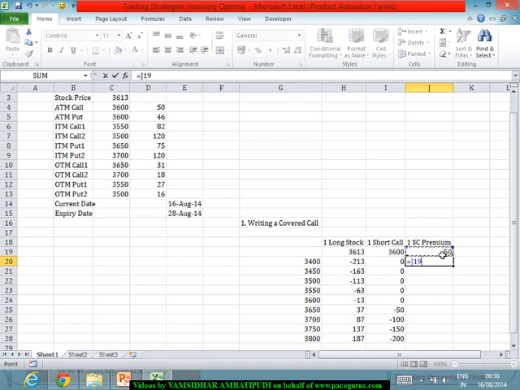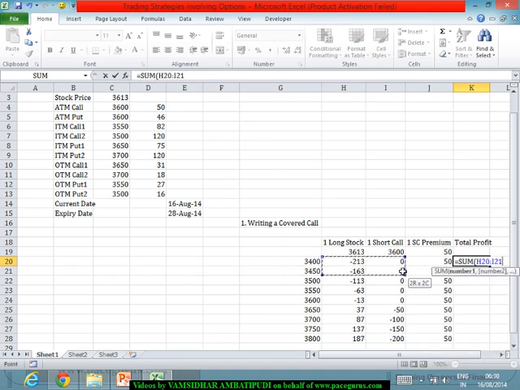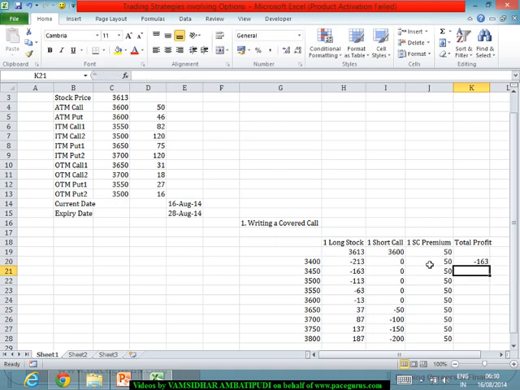So in this case, what I could see is the premium is going to be 50 in all the cases, and this is where I'll try to find out the total profit. The total profit in each of the cases, if the stock price is going to any of these scenarios, is working out to something like this.